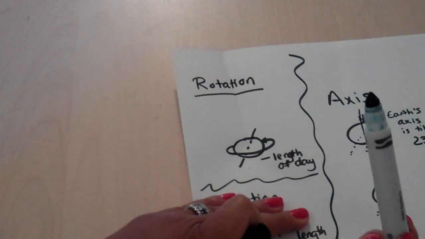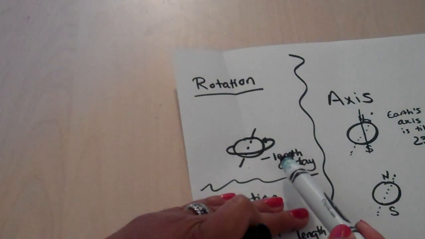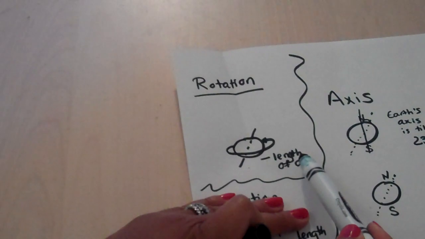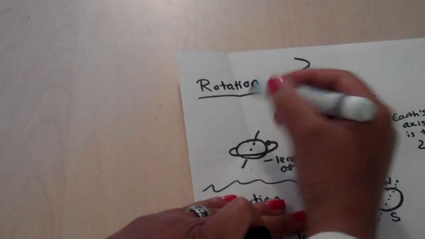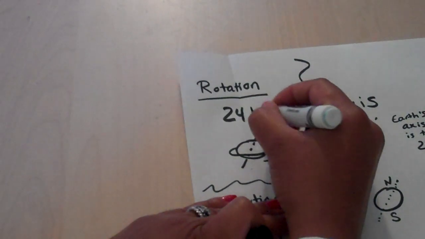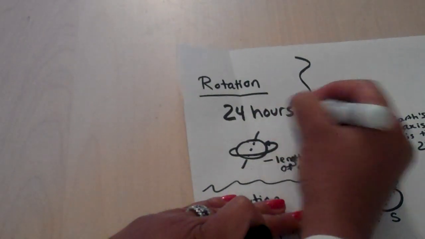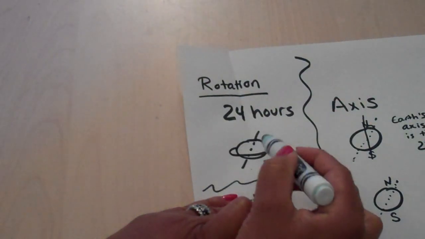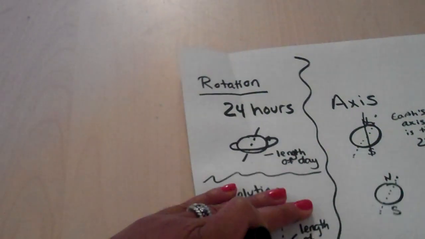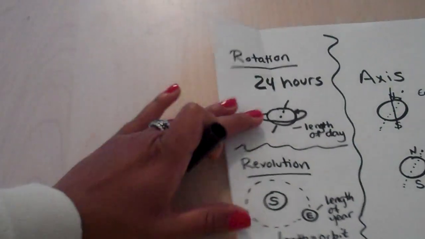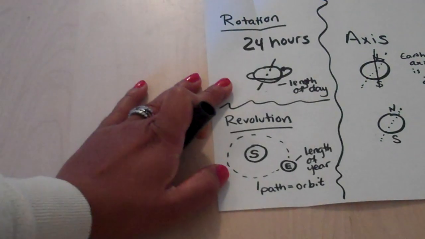That's how we count the length of the day. In this case, for our Earth, it takes 24 hours to make that spin around that imaginary line.